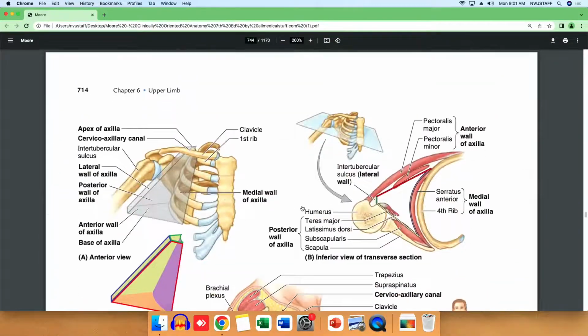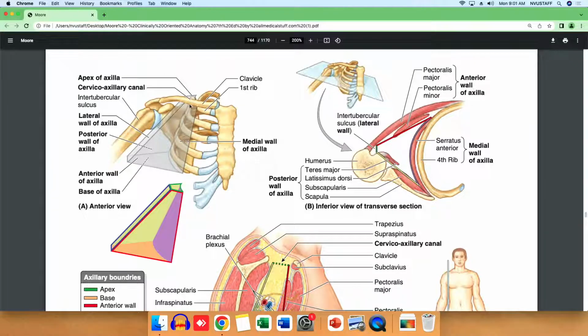Picture A, showing us that the axilla, also known as simply the armpit, literally represents the region which is seen between the part of the arm and the pelvic girdle. Itself, the axilla represents a pyramidal shaped structure, which you can see here schematically.